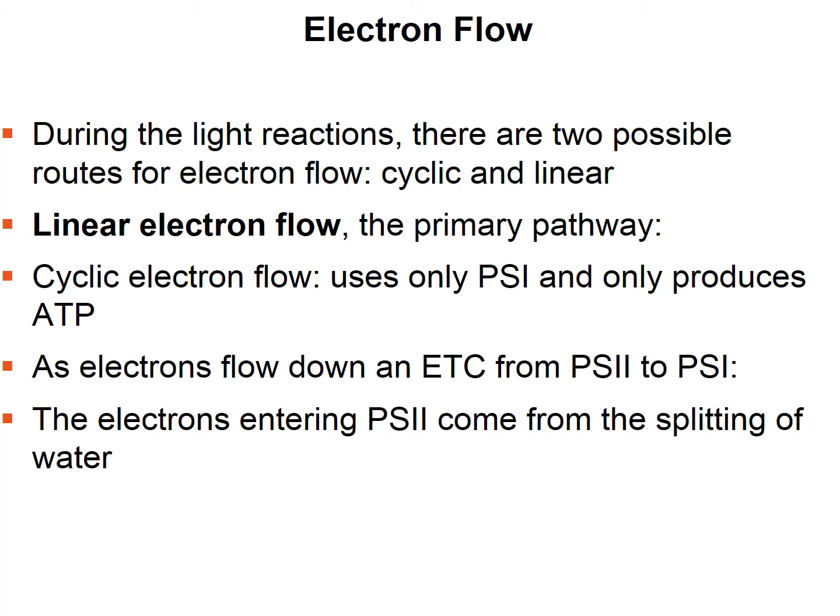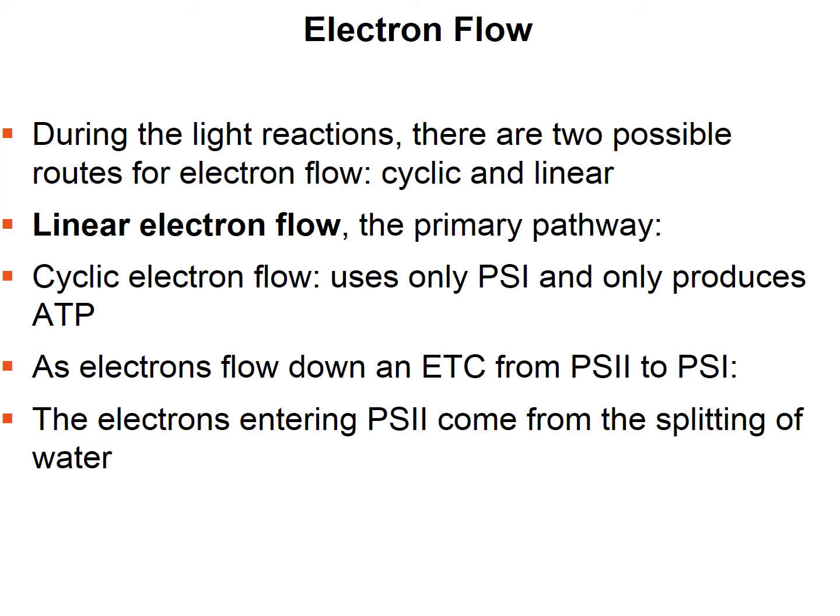Now, in linear electron flow, as electrons flow down an electron transport chain from photosystem 2 to photosystem 1, energy is released during redox reactions and is used to create a hydrogen ion gradient. This pumps hydrogen ions to a higher concentration, not the way they would want to go, into the thylakoid space.